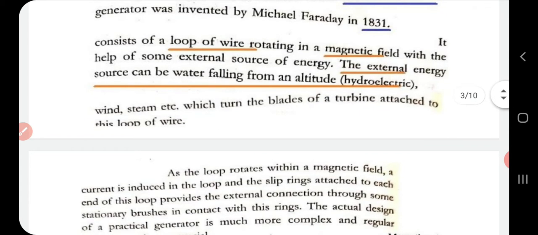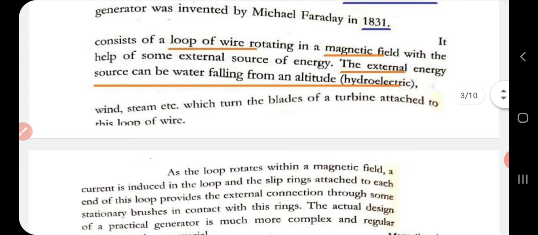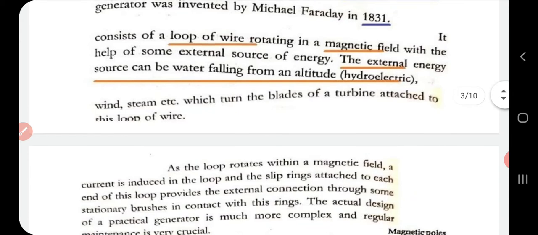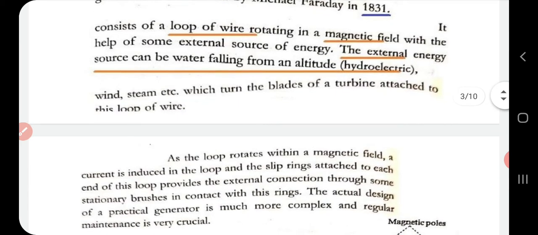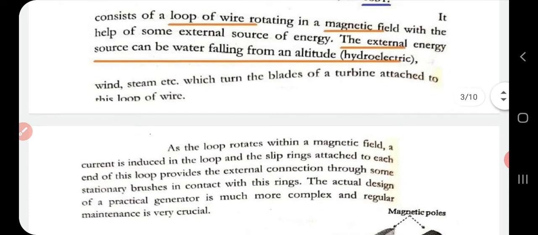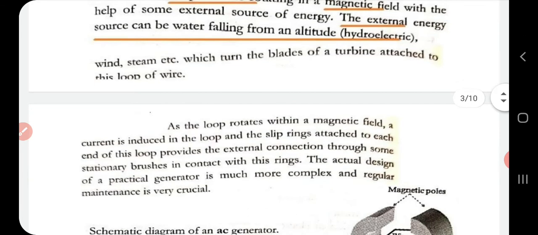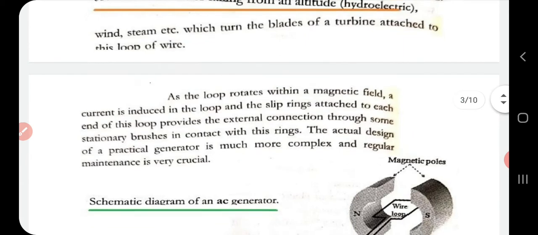So you have a loop of wire rotating in a magnetic field with the help of an external source of energy. When this water falls, it turns the blade of the turbine, which is attached to this loop of wire. So when the turbine turns, the loop of wire will also start rotating within the magnetic field.